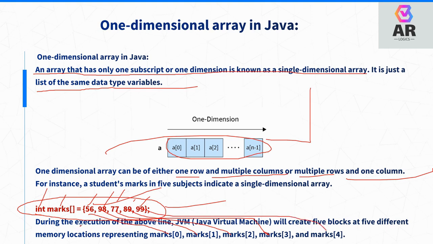Marks 0 is 56, marks 1 is 98, marks 2 is 77, marks 3 is 89, 99. Block inside block will be created.